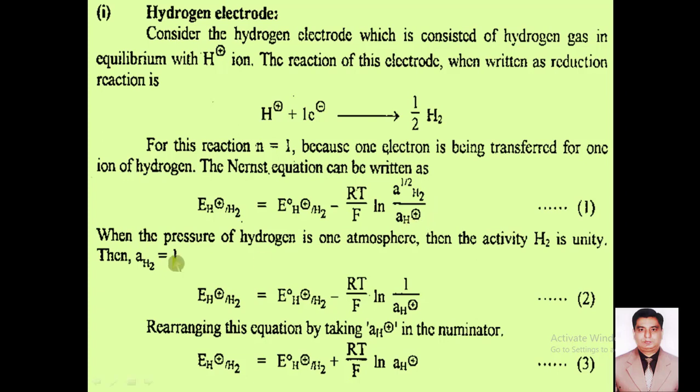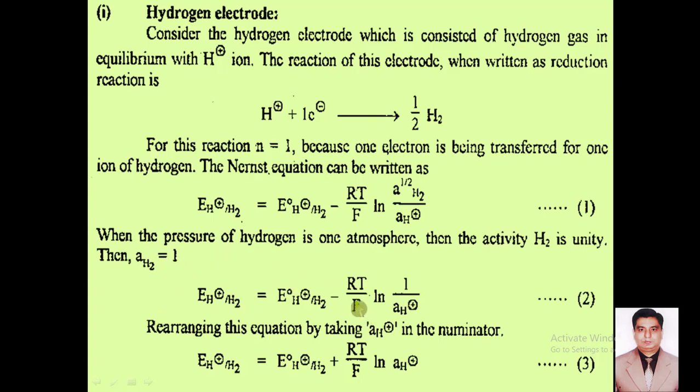Dear students, when the pressure of hydrogen is 1 atmosphere, then the activity of hydrogen will be equal to 1. So this equation number 1 can be written as: electrode potential of the hydrogen is equal to standard electrode potential of hydrogen electrode minus RT over F log natural of 1 over activity of hydrogen ion, because activity of hydrogen is equal to 1.